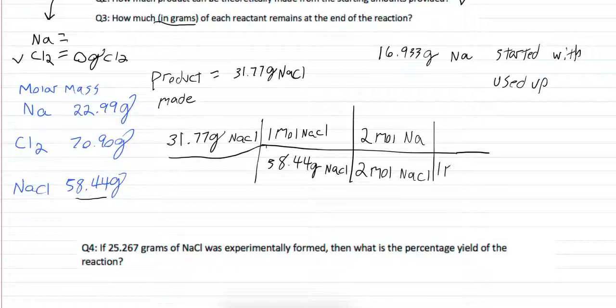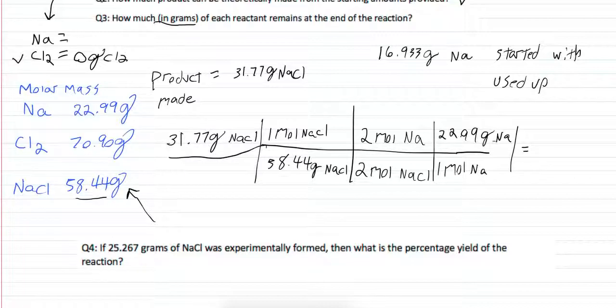For every 1 mole of Na, we look back at our lovely table. See, this is why making this table is a fantastic idea. It makes things so much easier, you don't have to go back and look it up. For every 1 mole of Na, it weighs 22.99 grams. And now we do the math.